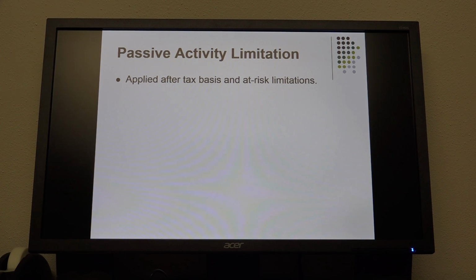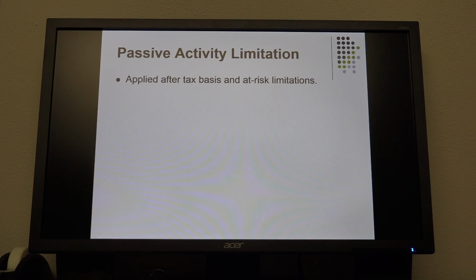Now, the third limitation is called the passive activity limitation, and this is applied after applying the first two limitations. Usually, those first two are going to knock down any sort of excess, but not totally true, and so that's why they have this passive activity limitation.